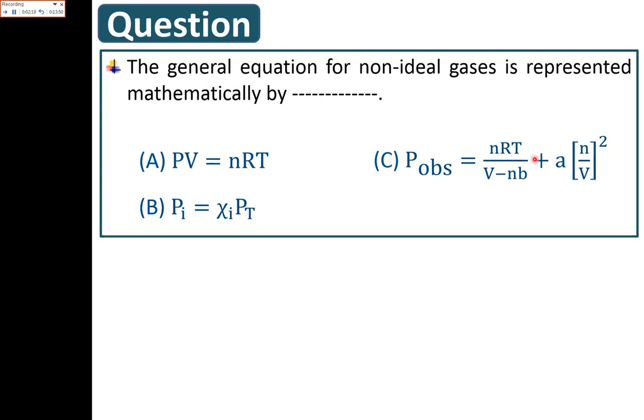As you can see, this sign in the van der Waals equation is minus, not plus. So if I gave you the equation and I put plus here, this indicates that this answer is not correct, is wrong. So replacing the minus with a positive sign here indicates that this answer is wrong.